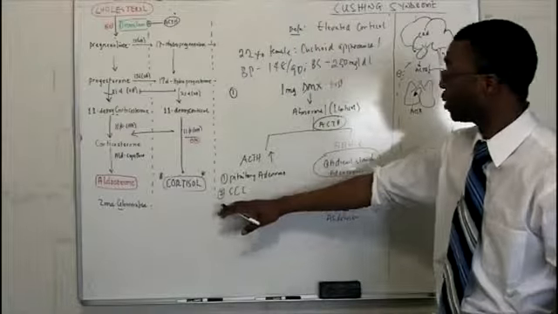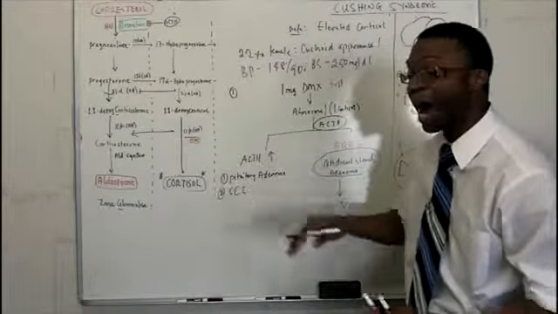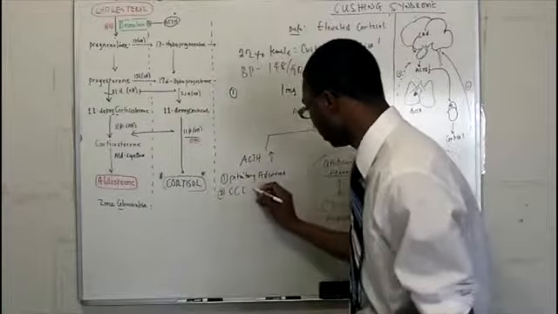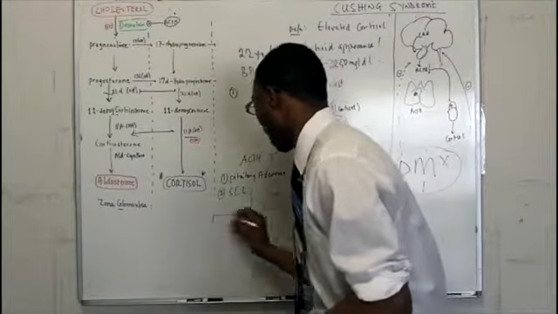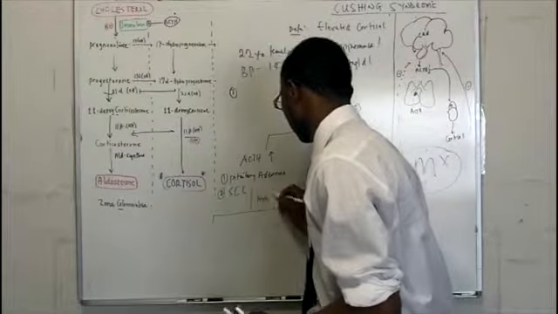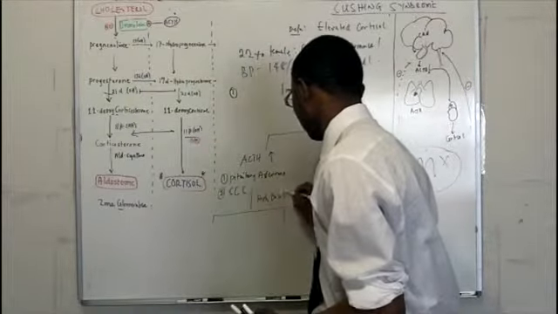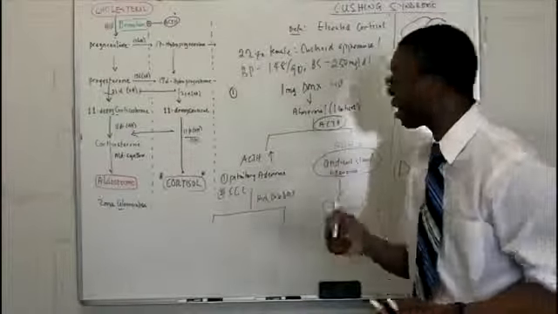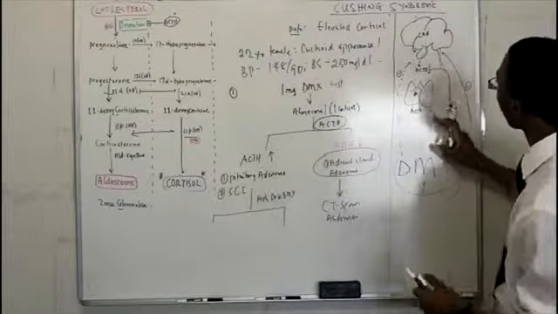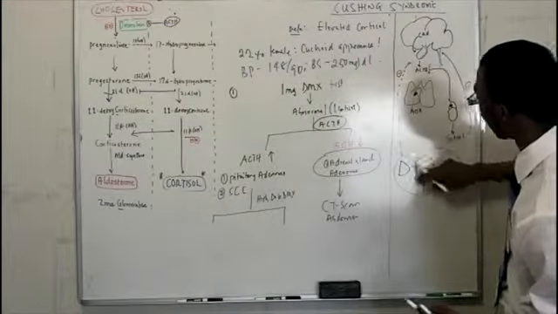If your ACTH, however, is very high, the next step now to differentiate between these two is to give you that high dose dexamethasone. If I give you a high dose, really super high, you chunk it down, what it's going to do is go back and inhibit what? This is the DMX.